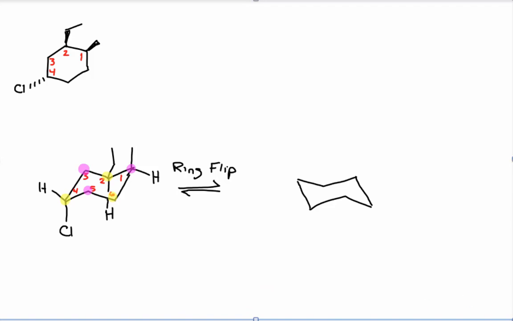Okay, and what we'll do from here, let's go ahead and look at what happens with our carbons. Our up carbons became our down carbons. And then our down carbons became our up carbons. Okay, just like before, we can number these.